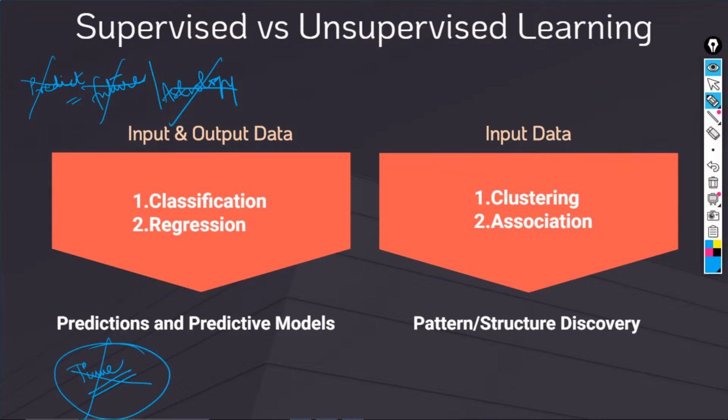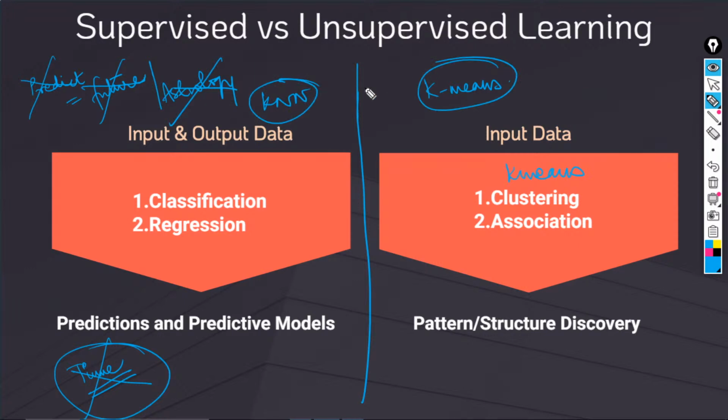Now, there are different concepts, or different topics that we have associated in unsupervised as well, of which first and foremost is clustering. So, when we say clustering, clustering is K-means. KNN, guys, is onto the supervised side, while K-means is onto the unsupervised side. Right?